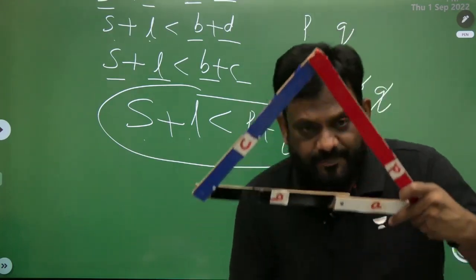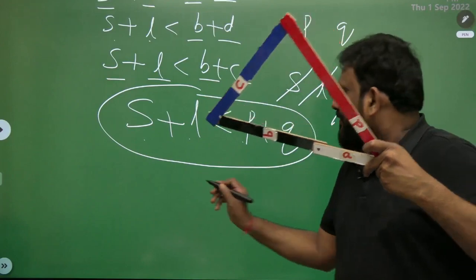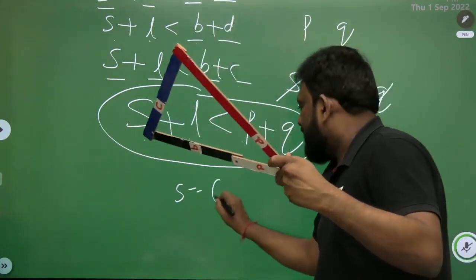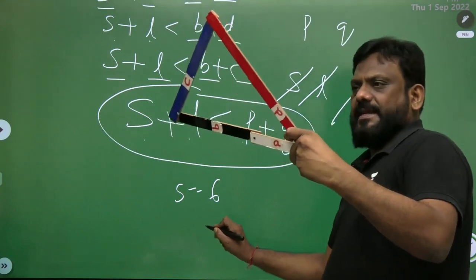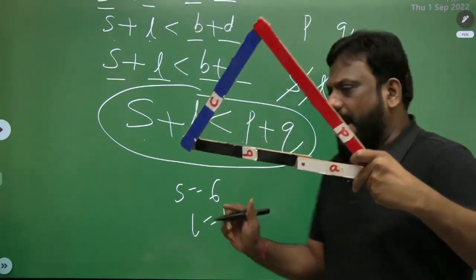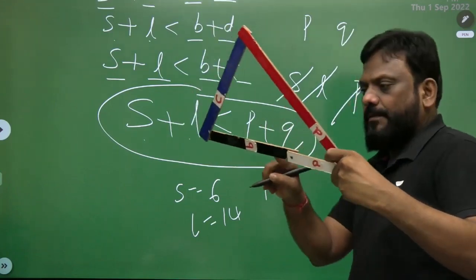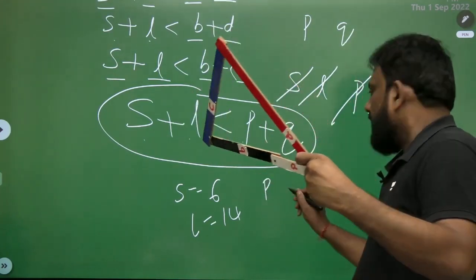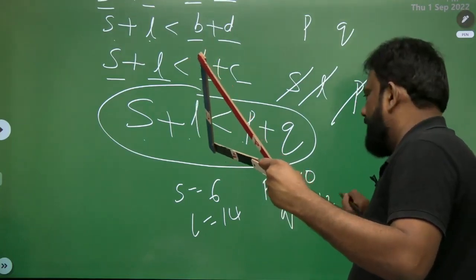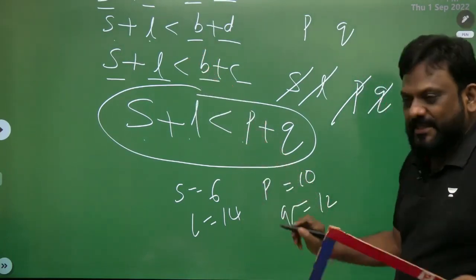So my dear students, here in my case, the shortest link is 6 inch and the longest link that I took is 14. P and Q are the other two links. P is 10 and Q is 12. Look once, what is this?